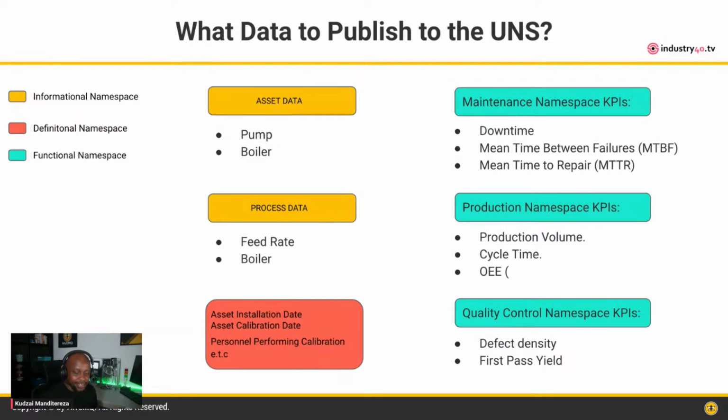And again, architecturally speaking, you've got to determine where this information needs to live. For example, it will make sense for OEE to live under a production line. So the OEE calculation, if you're reading that information from an MES, or calculating it within an IoT platform, when you publish it into the unified namespace, you publish it under production line 1 if it is OEE for production line 1.